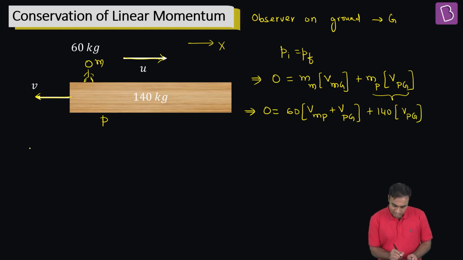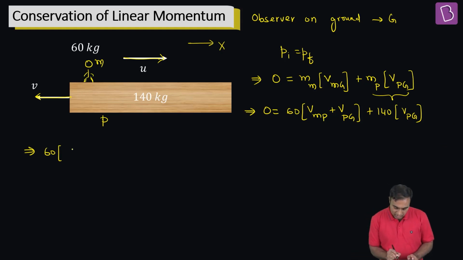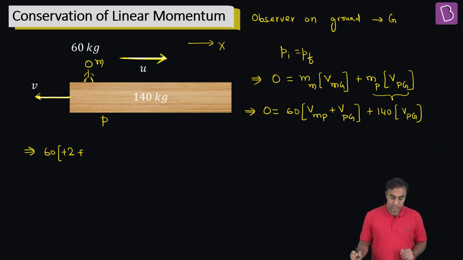Alright. So you get 60 into what is the velocity of man with respect to the platform? It's given to us. How much is it? 2 meter per second. In which direction? Along x-axis. So I will consider that to be positive. Plus, what is the velocity of the platform with respect to the ground?